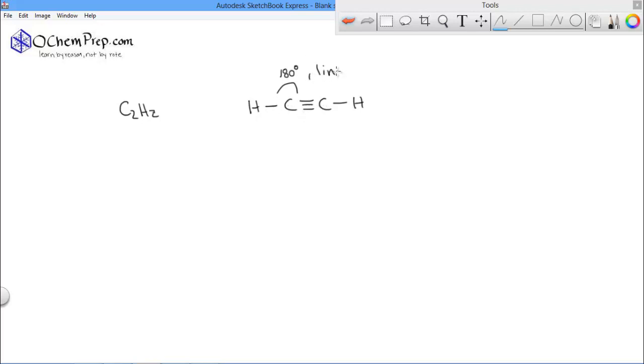It's linear, and any carbon that has 2 different directions to go is sp hybridized. So both of these carbons are sp hybridized, which means it uses 1 s and 1 p to make the orbitals to make the bonds.